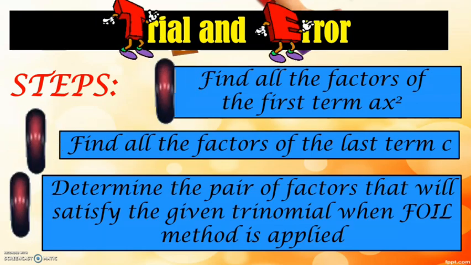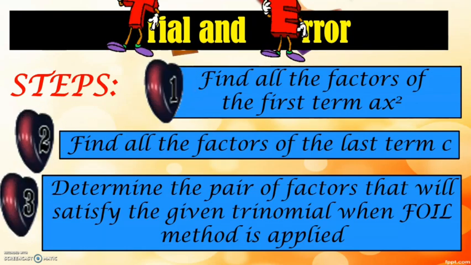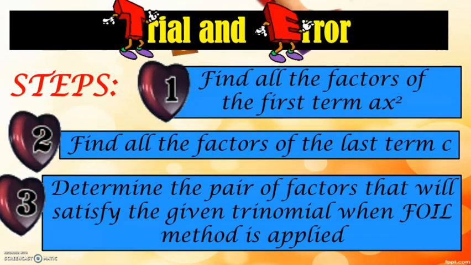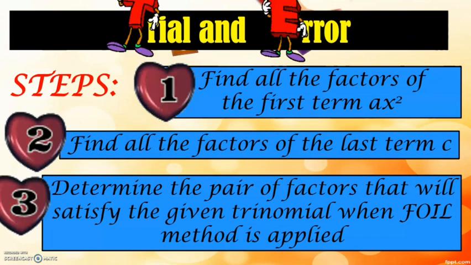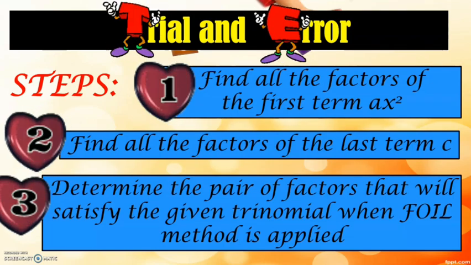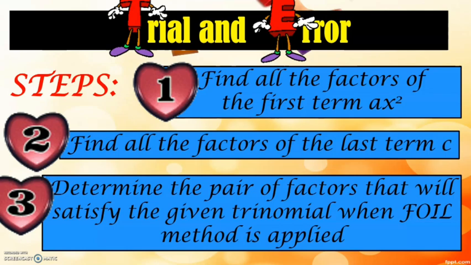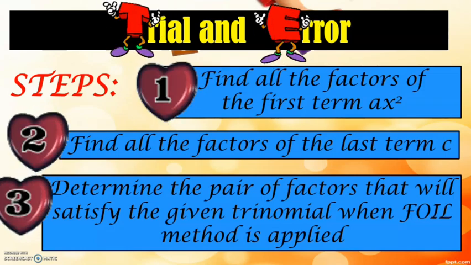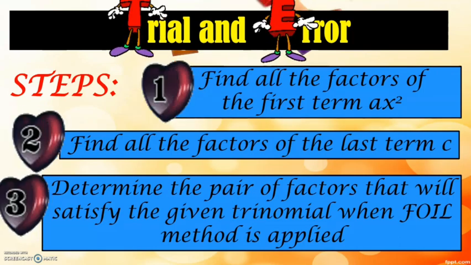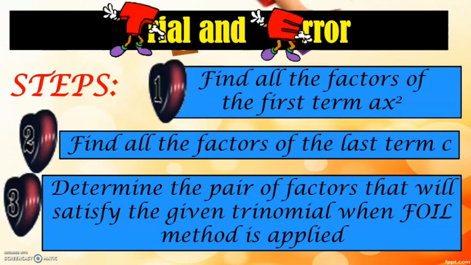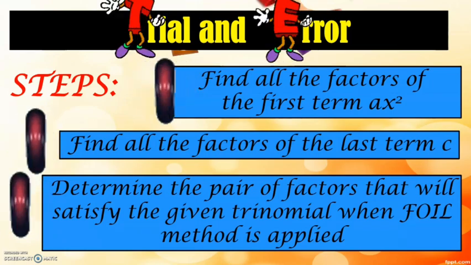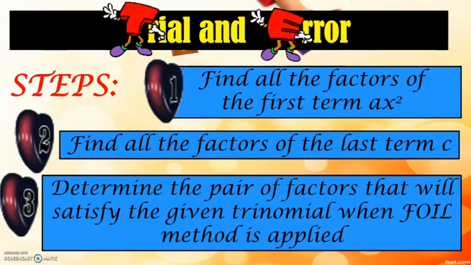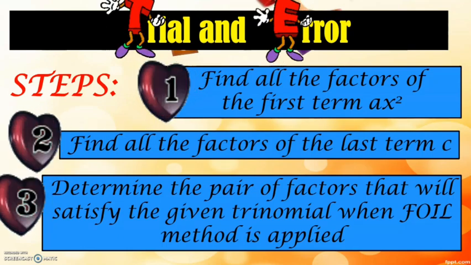So in trial and error, you need to mix and match a pair of factors of the first term and a pair of factors of the last term. Then, multiply them using the FOIL method. And if the product is equal to the given trinomial, then the factors coming from the first term and the factors coming from the last term are the factors of the given trinomial.